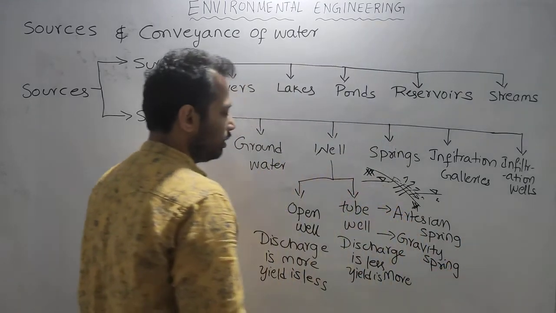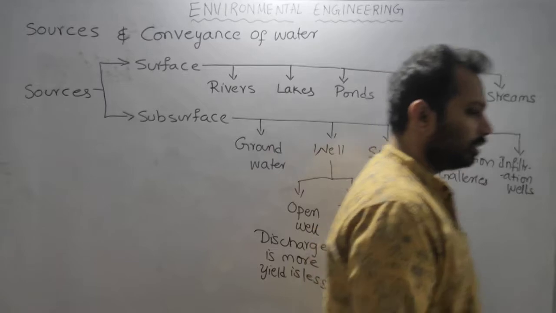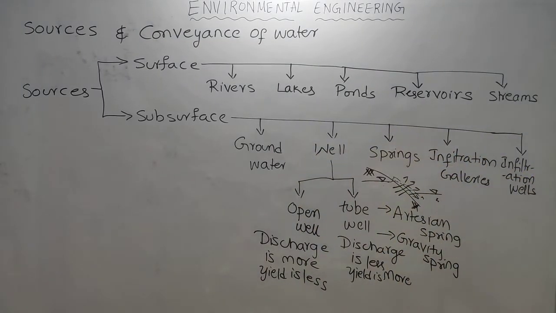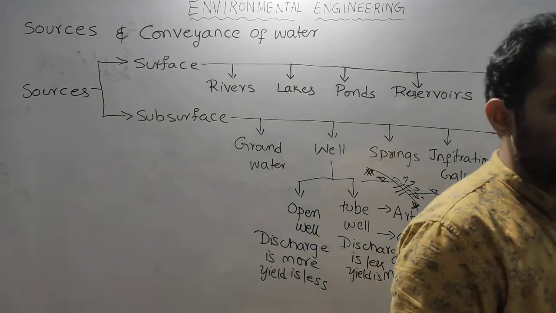So these are the types of springs: artesian spring and gravity spring. So spring will feed the water to the stream, wherever the water table of spring is more than the stream. Okay.